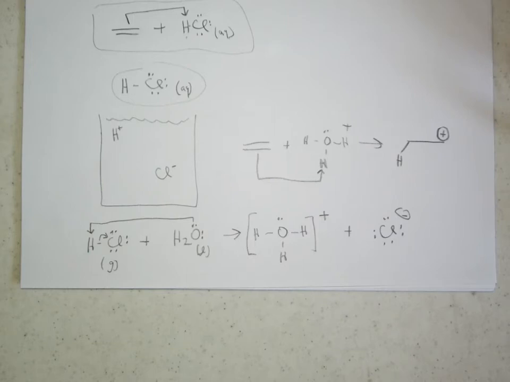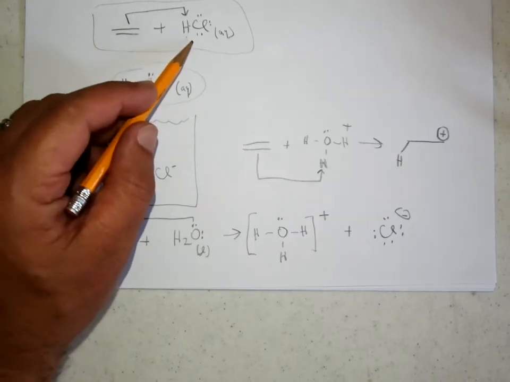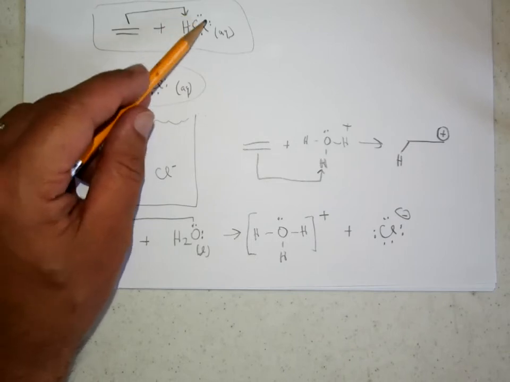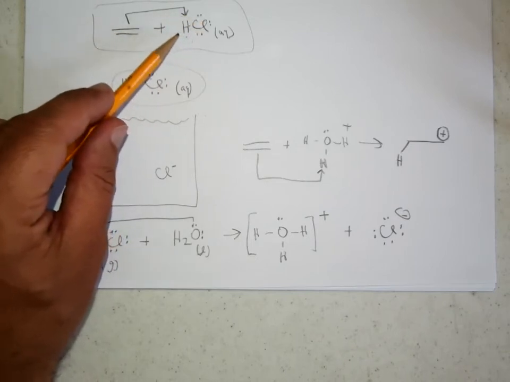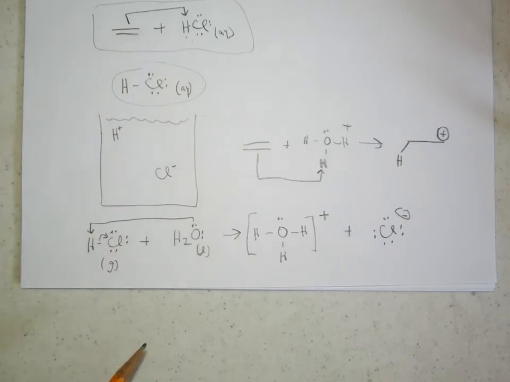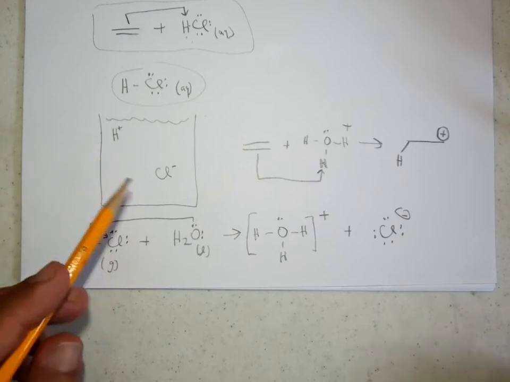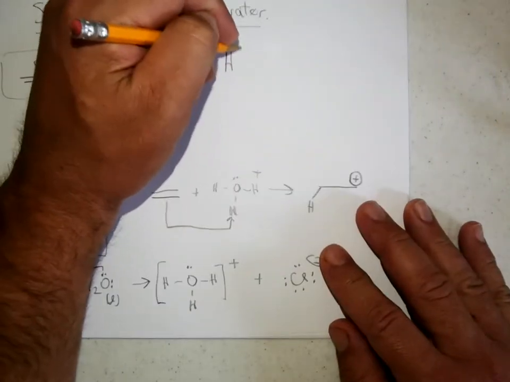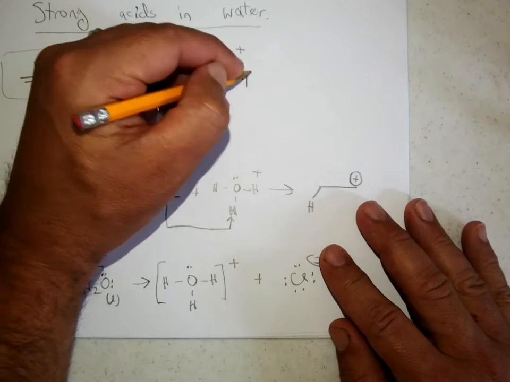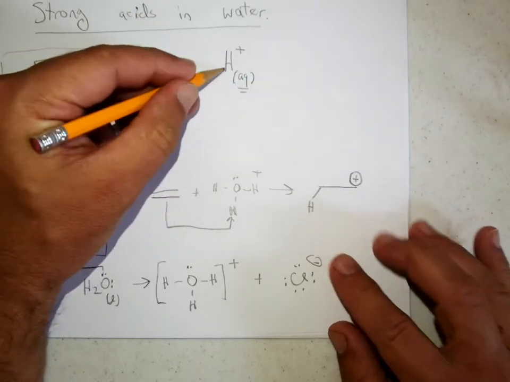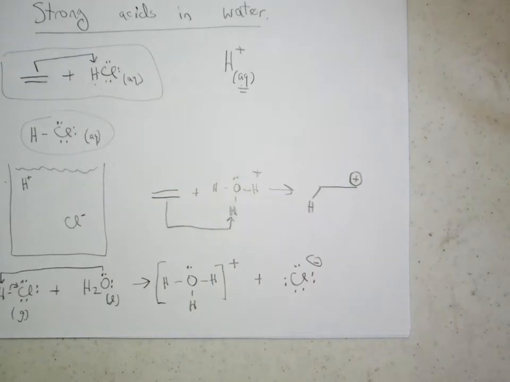And when I write mechanisms, sometimes I have the undissociated acid as the source of the H plus and have it react directly like this, although knowing full well that in solution we don't really have that. Some people get really caught up in the semantics between an H plus, which looks bare and that's unstable, but if it says H plus aqueous, then it's an H plus associated with water molecules.